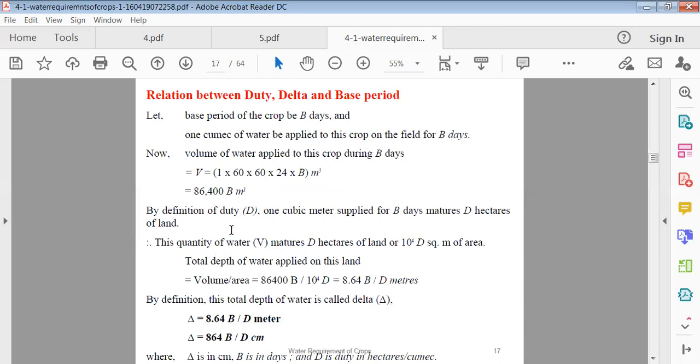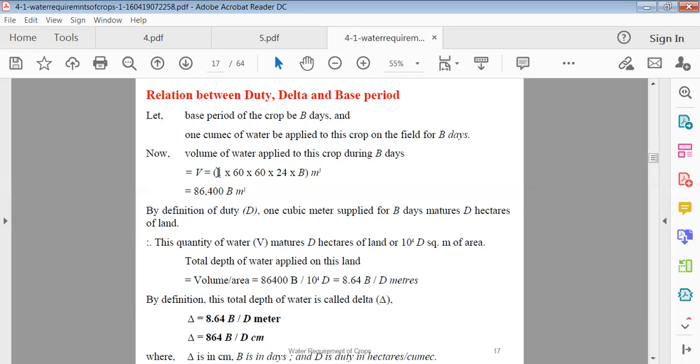Then the volume of the water applied for this crop during B days is given by the following. If you want to calculate the volume, it is 1 cubic, which we need in terms of meter cube, so it is 1 meter cube. Then B days is converted from 24 hours to 60 minutes, and then to 60 seconds.